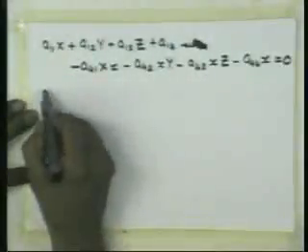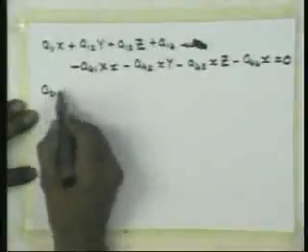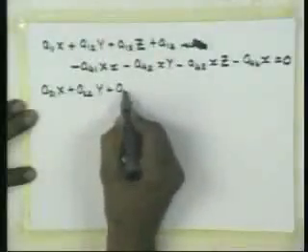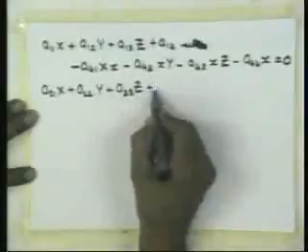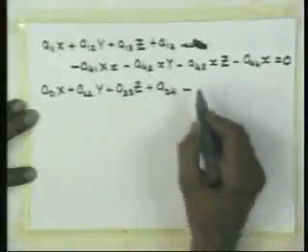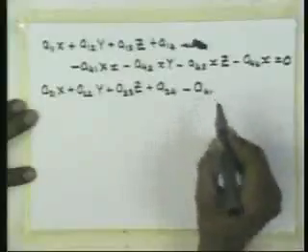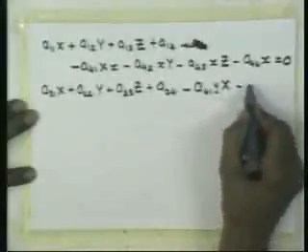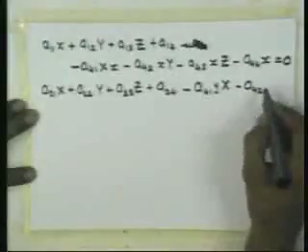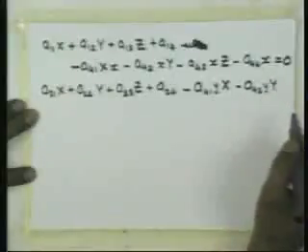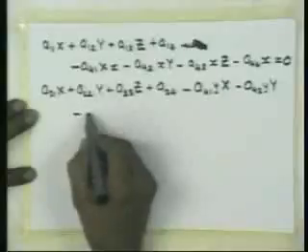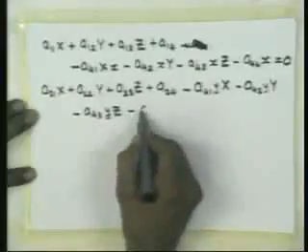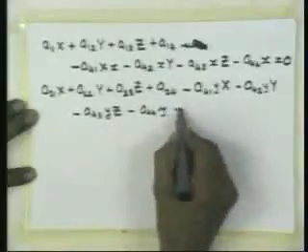Similarly I will get an equation for the second row, which is A21 times x plus A22 times y plus A23 times z plus A24 minus A41 times small y times capital X, minus A42 times small y times capital Y, minus A43 times small y times capital Z, minus A44 times small y equals 0.